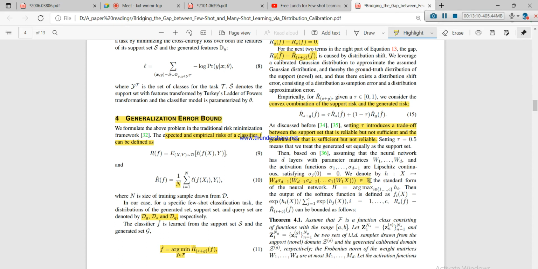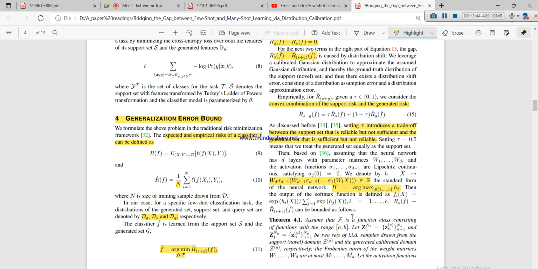The standard form of the neural network h is the arg max over i from 1 to c of h_i. Then the output of the softmax function is defined as f_i(x) equals the exponential of h_i(x) divided by the sum over j equals 1 to c of exp of h_j(x), which can be bounded as follows.